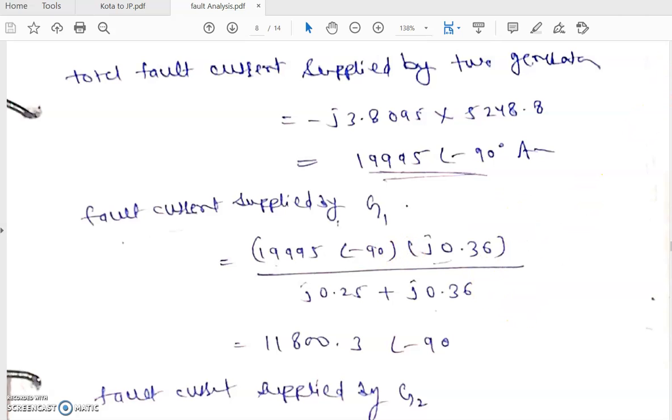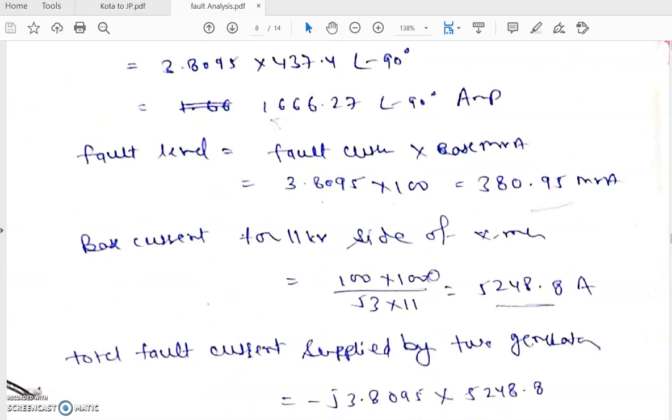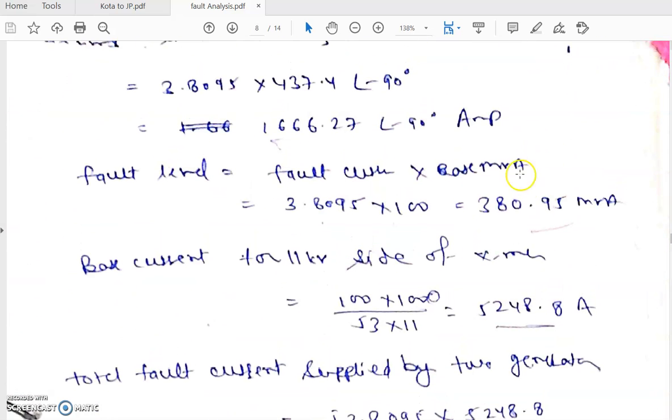This can be divided, and before producing the actual result we have to multiply it by the base current. So the base current can be calculated. I base equals 100 MVA times 1000 divided by root 3 times 11 kV. So this is the base current at this point.